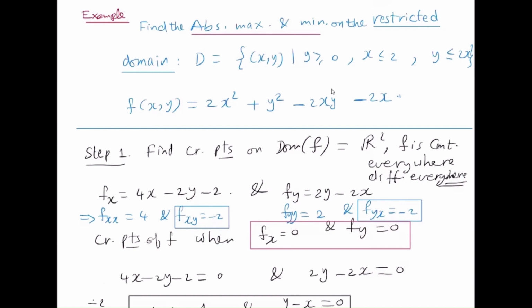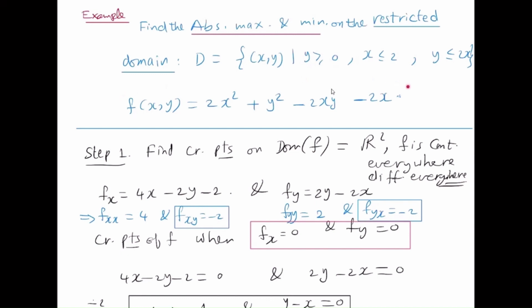Save the critical points found as usual, but inside this region, and work for the boundary lines: boundary line 1, 2, 3. Maybe 4 boundary lines if we have a square or rectangle or rhombus.